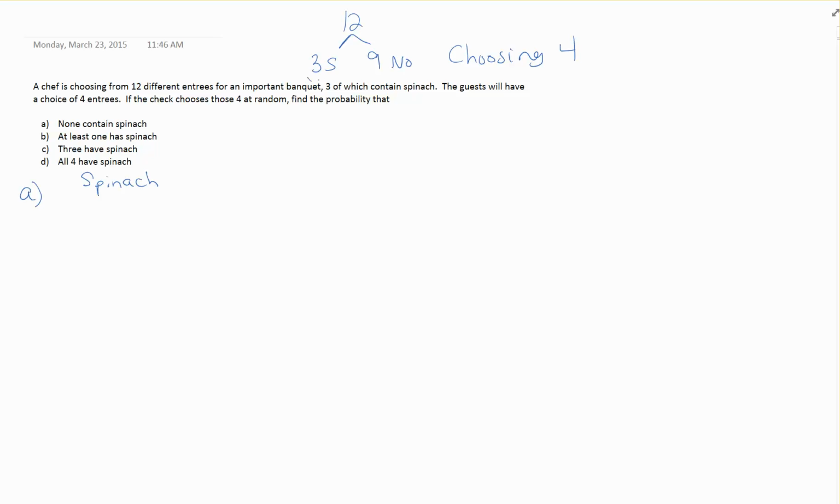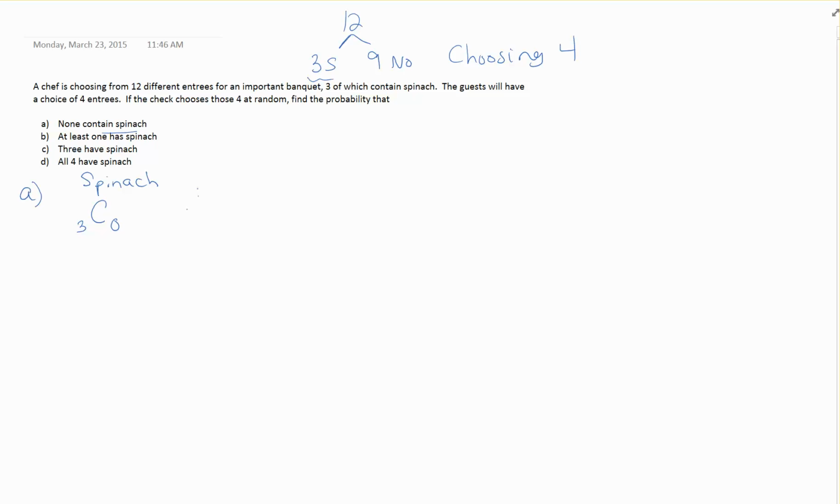Now there are only 3 spinach entrees, so when I set up my combination, 3 is my total that I have to pick from. And if I don't want spinach at all, then I'm picking 0. So 3 choosing 0 would be the number of ways to choose 0 spinach entrees from the spinach entrees.